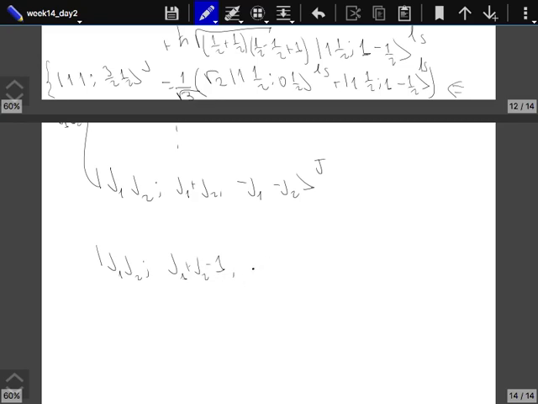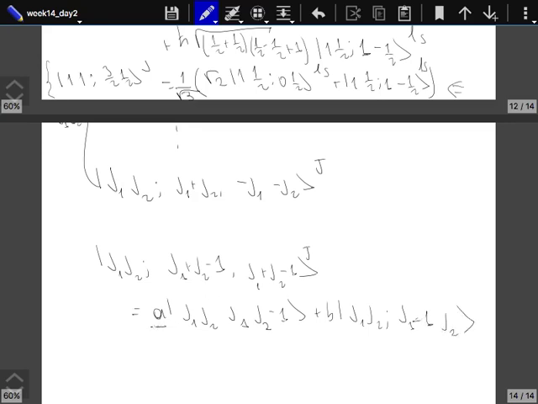And so the maximum possible value of mj would be J1 plus J2 minus 1. This will be equal to some sum of the states. These are in the j basis. This is A times J1, J2 minus 1 plus B times J1 minus 1, J2.